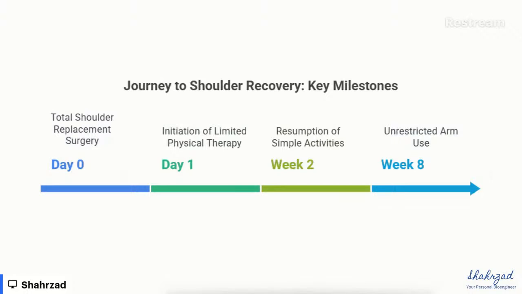A comprehensive rehabilitation program is also essential for recovery, with most patients regaining basic function within 2 weeks and full use within 8 weeks. But remember, this is not a one-size-fits-all kind of situation.